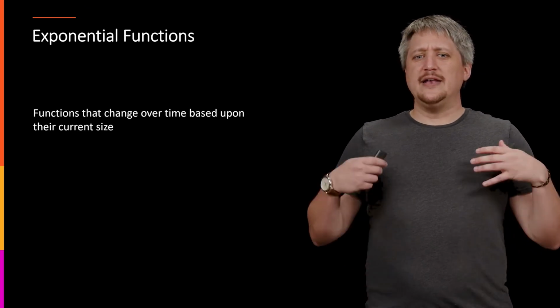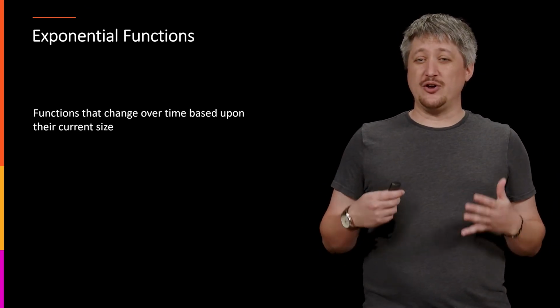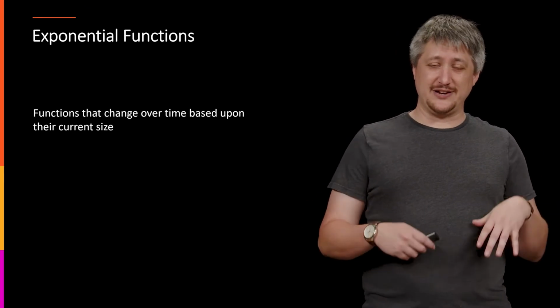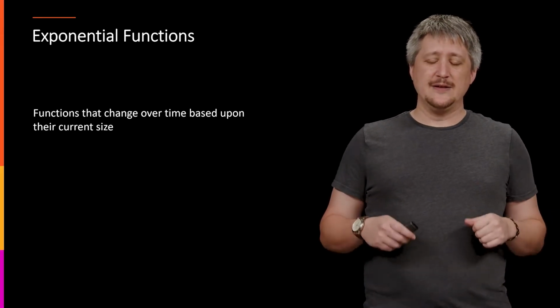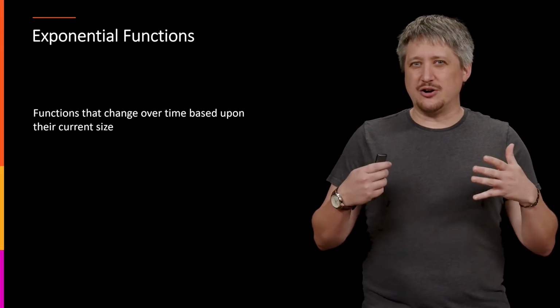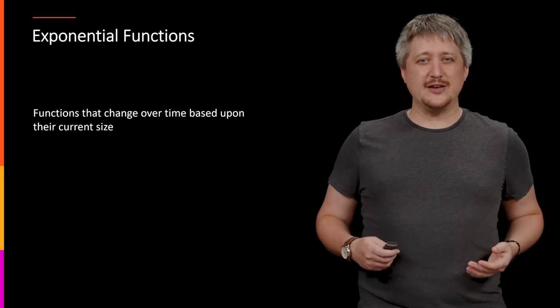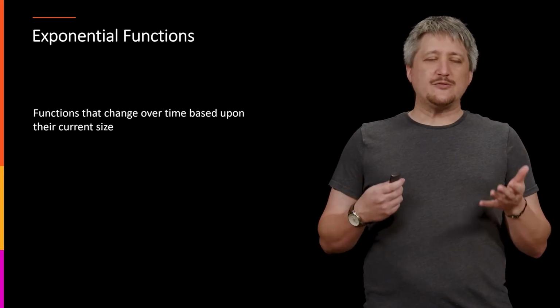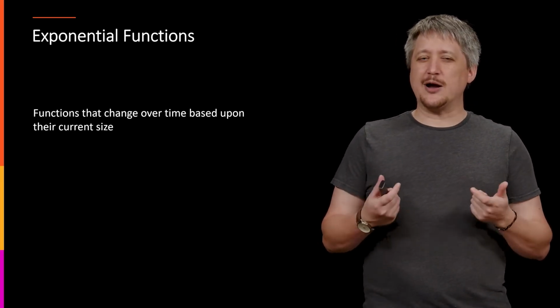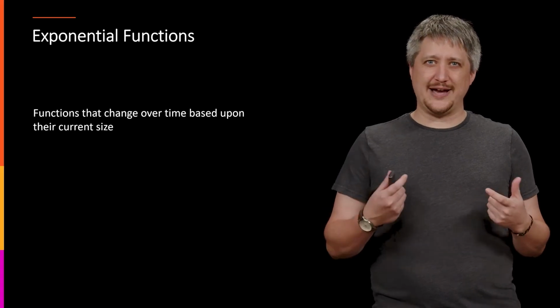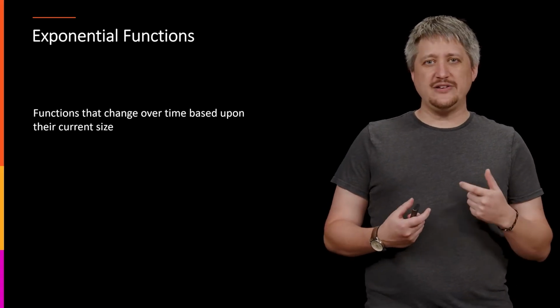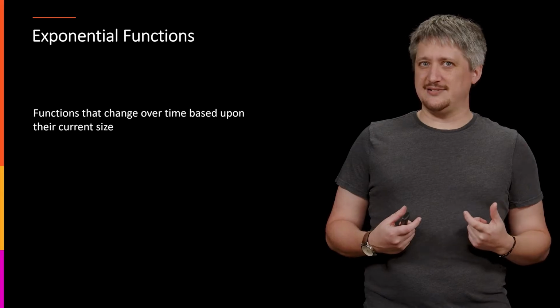All right. Now, in terms of what exponentials actually are: it's one thing to say, here's how we write it, but from a modeling or geometry standpoint, exponential functions have this key property that they change over time, but how they change is always relative to their current size.